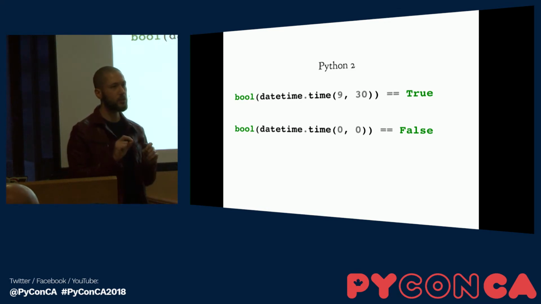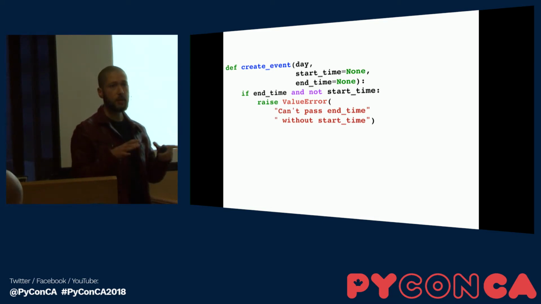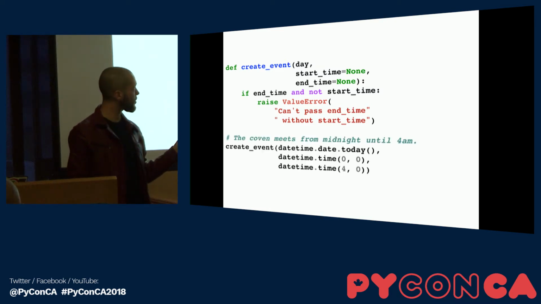If you are writing a calendar application, for example, let's say you have a function which can create an event, and the event always has a date, but it optionally has a start and end. But it doesn't make sense to have an end time but no start time, so you have a check there for that condition. You can see where this might go wrong.